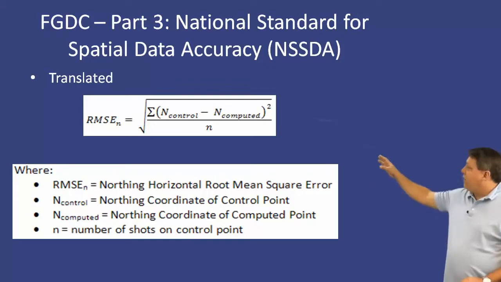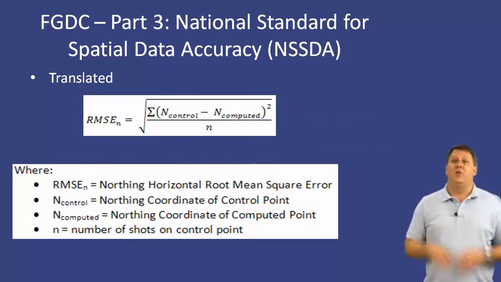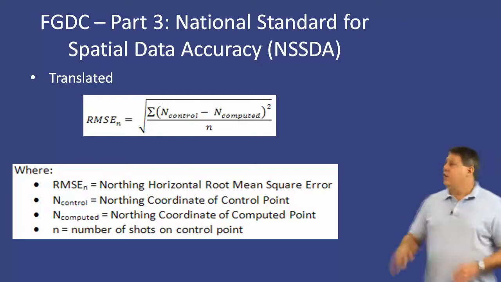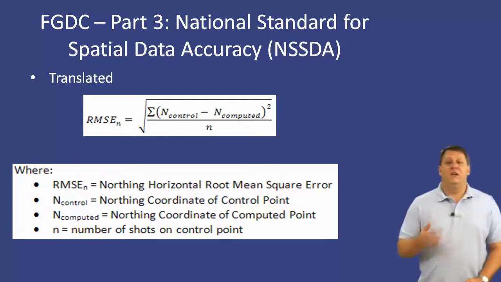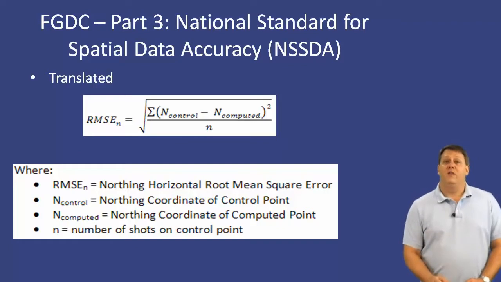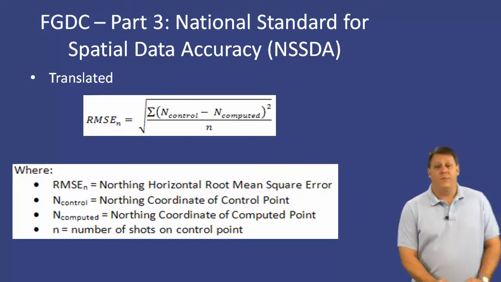We're going to take our northing published values, subtract it from our check shot, and square that answer. And we're going to do that for every check shot we do. We're then going to add all the squared answers together. We're then going to divide by n, which is the number of times we shot that control point. Finally, we'll take the square root at the end to get our root mean square error for the northing.